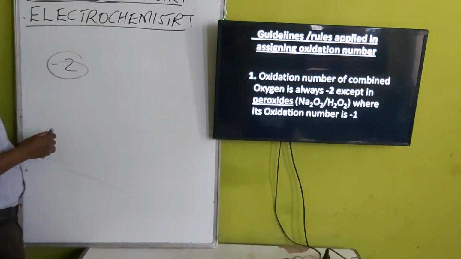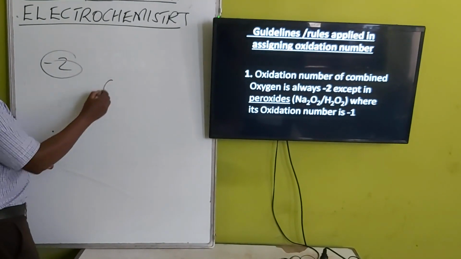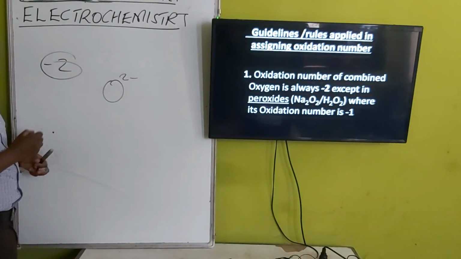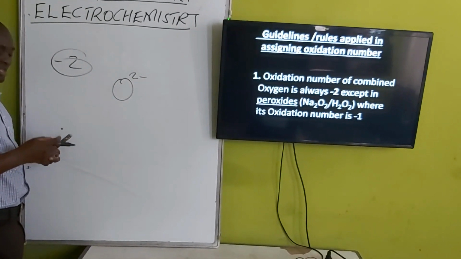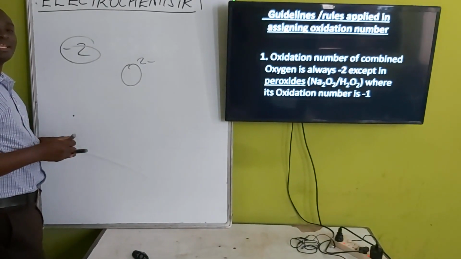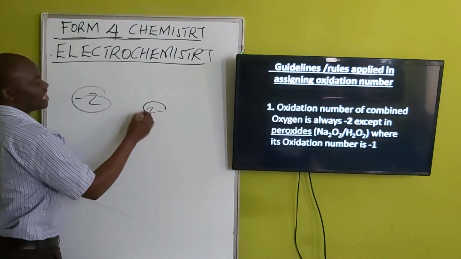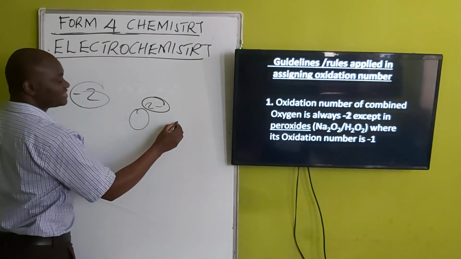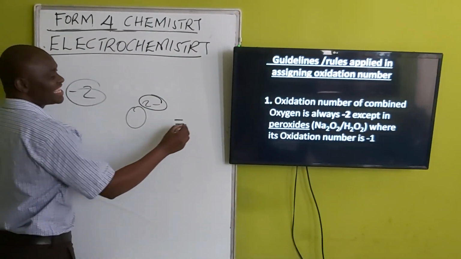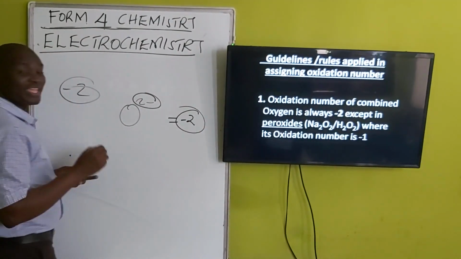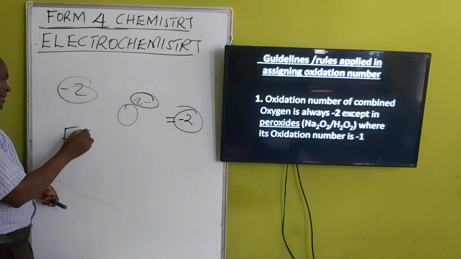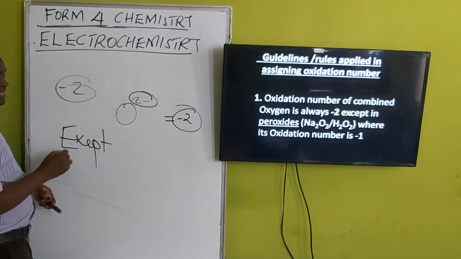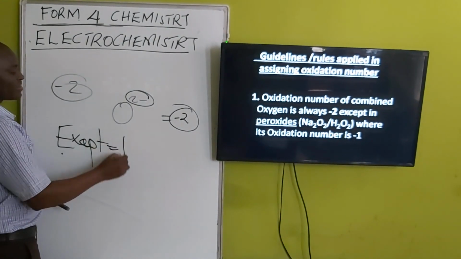Why? We all know that oxygen normally gains 2 electrons to become stable, so oxygen normally ends up having a charge of -2. So the oxidation number of oxygen is -2, except where? Except in peroxides.